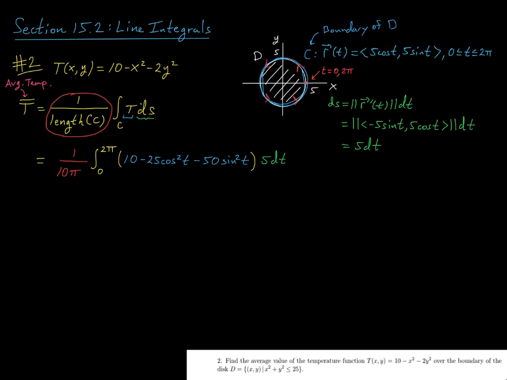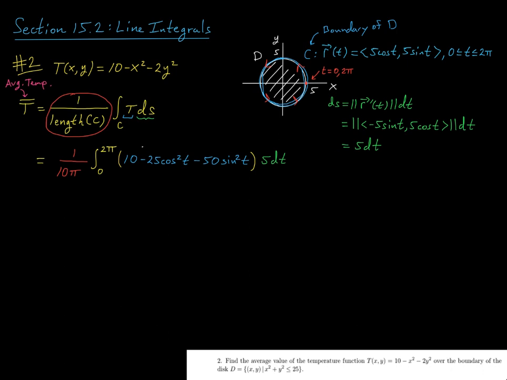And for our differential arc length, ds, that's just equal to the magnitude of the derivative of our vector function r describing this path times dt. I've gone ahead and computed that, and we just get 5 dt, which is quite nice.